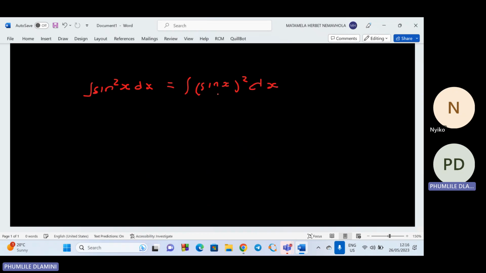Even if I let u equal sine x, when I differentiate it, it's going to give cos, and we don't have cos there. So what exactly can we do?